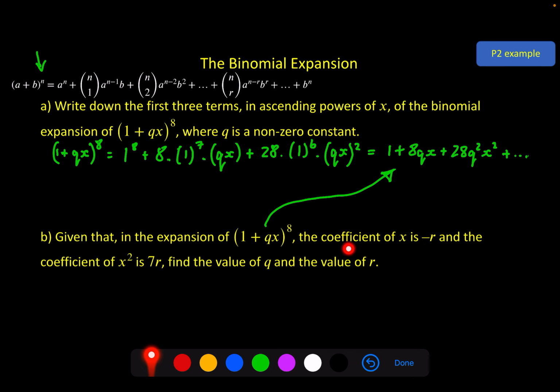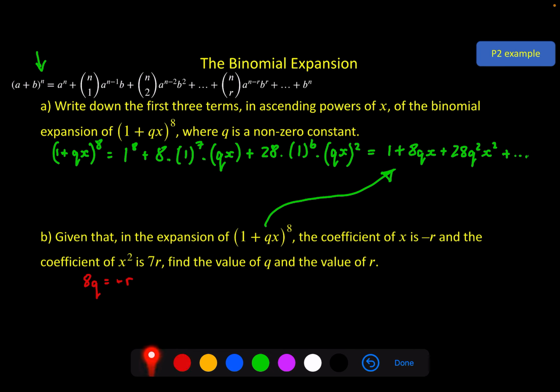Remember, if we're talking about coefficients, nowhere in this question, part B, should we see an x. Just the coefficients. So I guess you could write 8qx equals minus rx, but that's unnecessarily complex. So let's just say 8q, the coefficient of x is minus r.